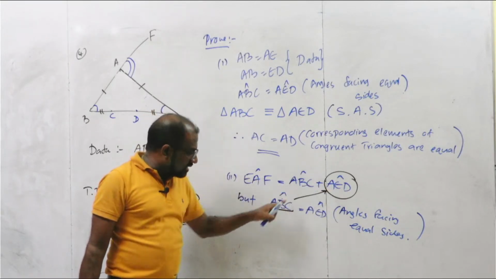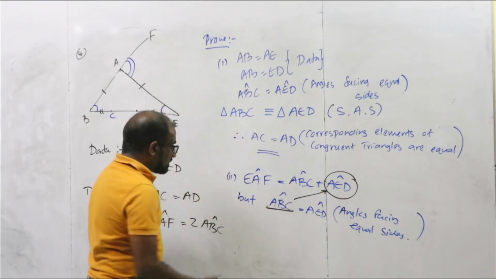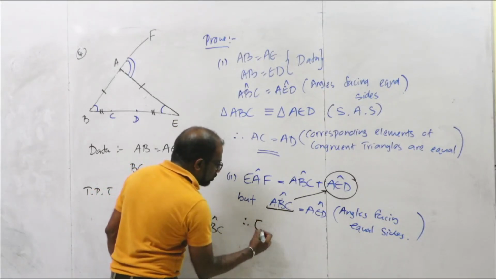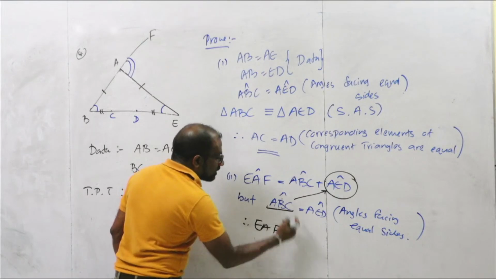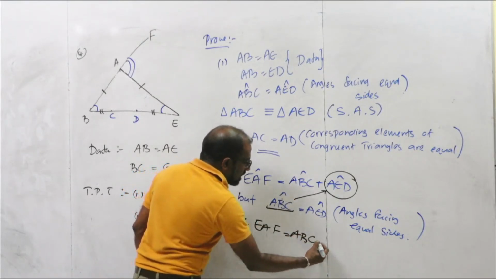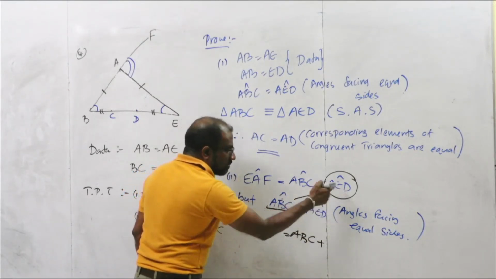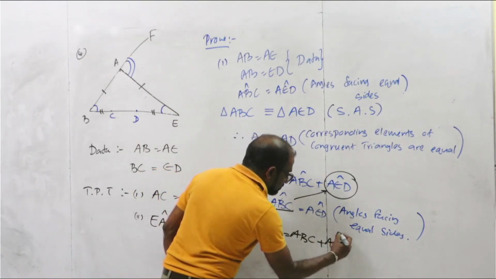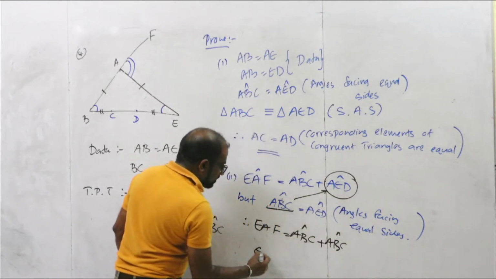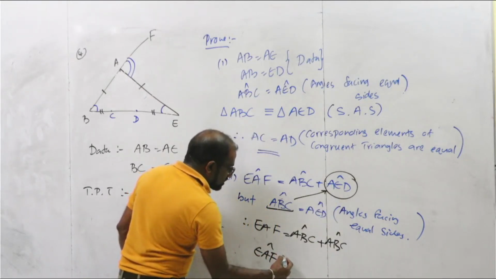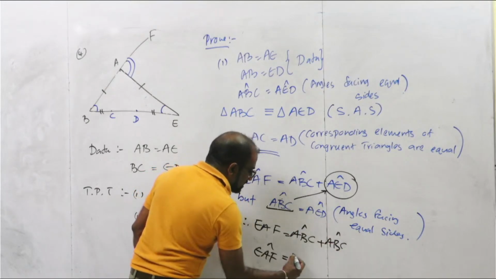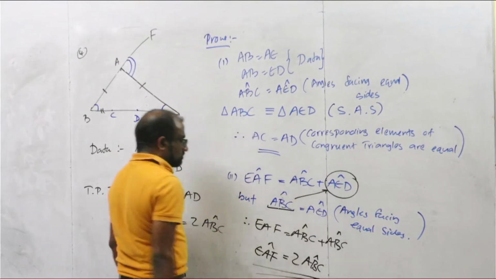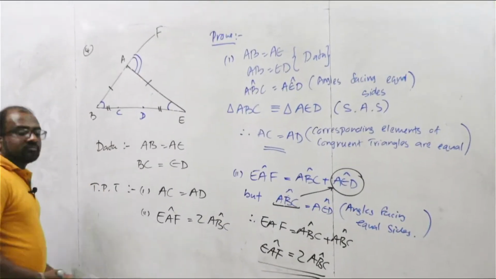Instead of this AED, you can write ABC. These two are equal, no? Therefore, EAF angle is equal to ABC plus, instead of AED, ABC. ABC plus ABC. EAF angle is equal to 2 times ABC. That's it.